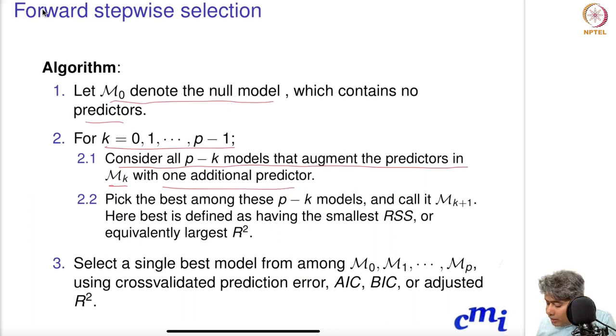So if you are at the kth step, you have already chosen x1 to xk. It will keep all these k predictors and then try the rest of the features which have not been tried. These features will be added here and it checks if the residual sum of squares is being minimized or not, and the rest of the thing is exactly the same as best subset selection.